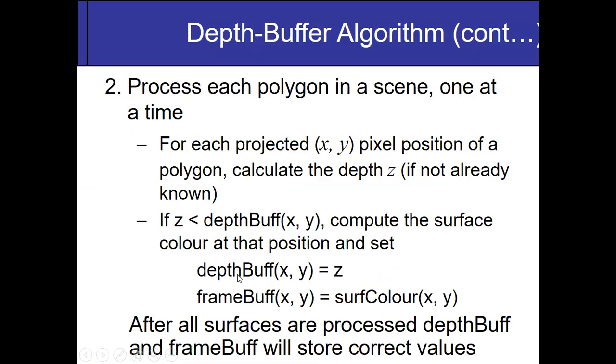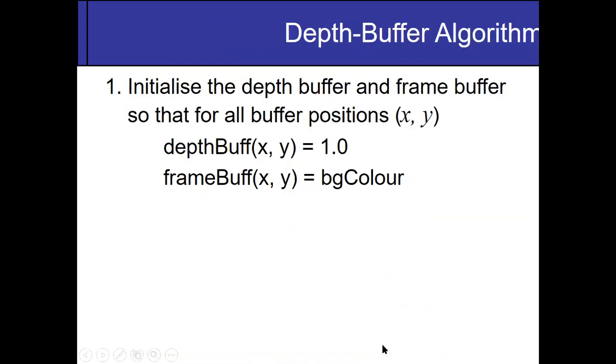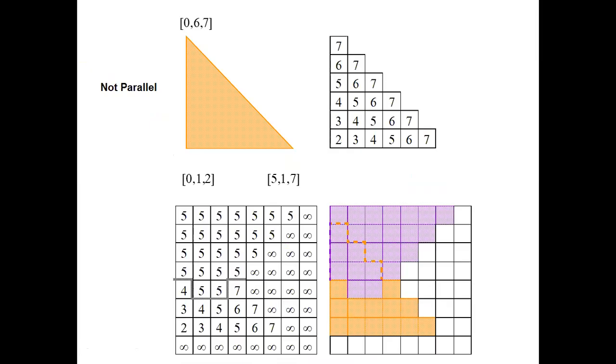So what happens now? The depth buffer is 4 now, that is the orange pixel's depth, and the frame buffer, which was purple color, now becomes orange color. So after all surfaces are processed, the depth buffer and frame buffer will store correct values. Means after all the pixels of all the polygons, of all the faces are processed, the depth buffer and frame buffer will have correct values.